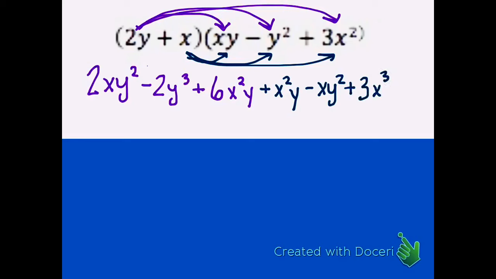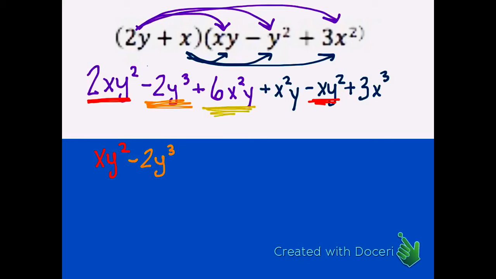So I go down through and look for like terms. I've got xy squared as my term, so I've got 2 of those minus 1 of those, so that's just going to leave me with 1xy squared. Then I look for anything y to the third. I don't have anything else with y to the third, so I would just keep that as the negative 2y to the third.